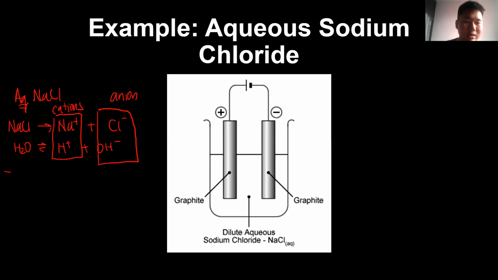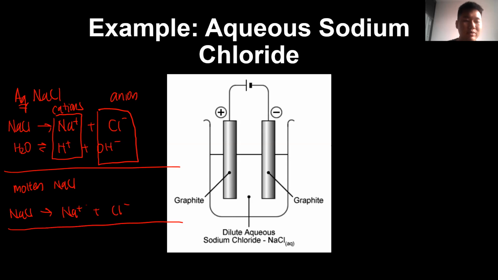And comparing it to molten sodium chloride, we have Na+ and Cl-. That's all we have for molten sodium chloride, so only two ions.